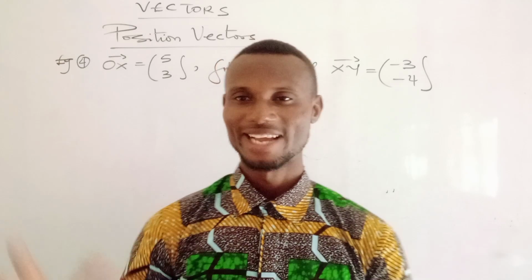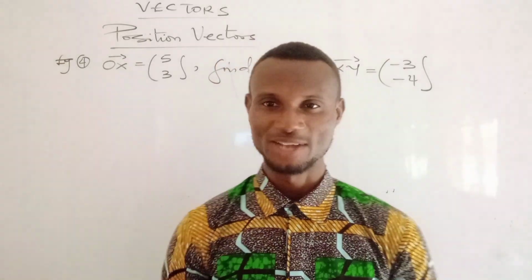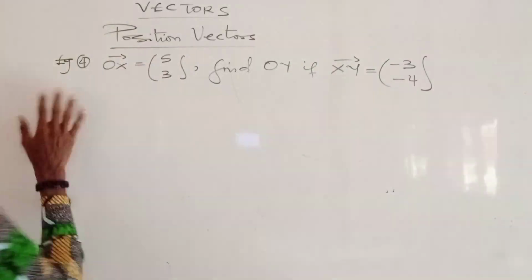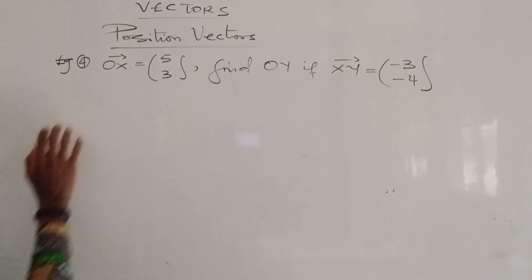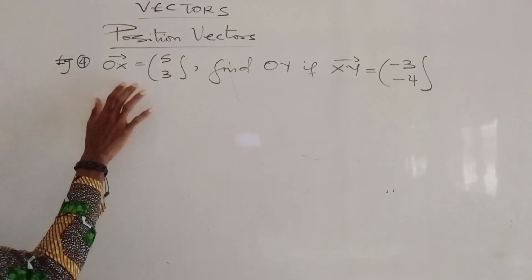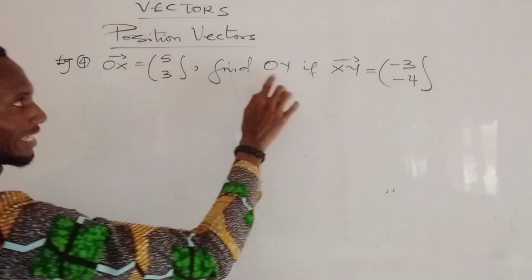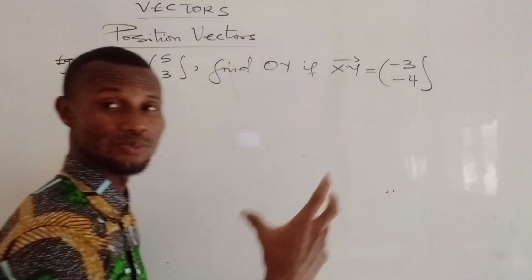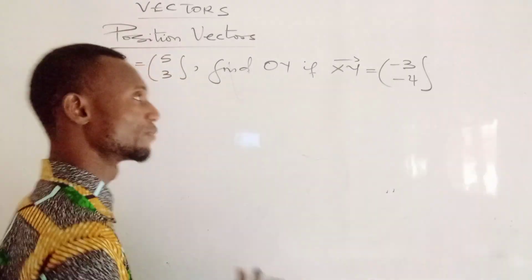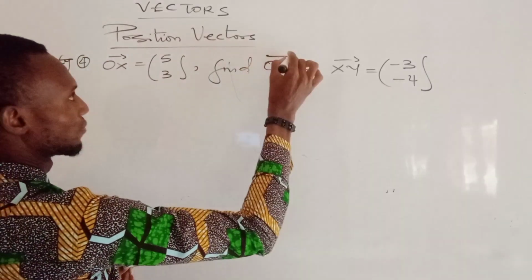Let's go ahead and solve the question together. So let's read the question. Example 4 says that given the vector OS equals 5, 3, we should find the vector OY. I forgot to bring the arrow, so let me put the arrow there and let's proceed.